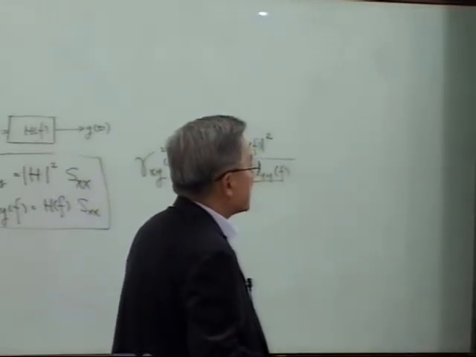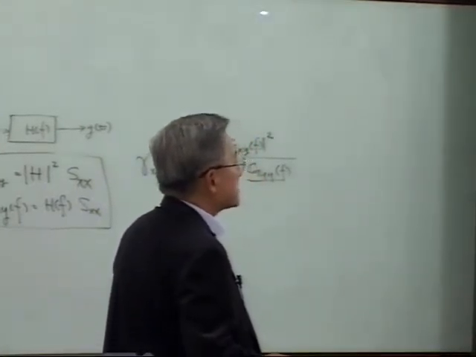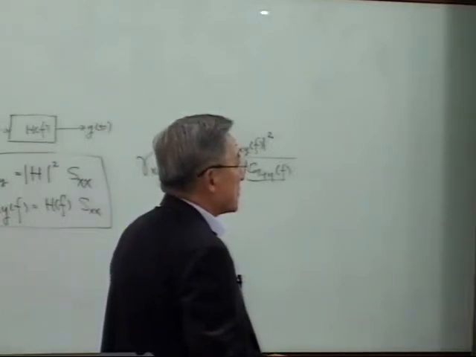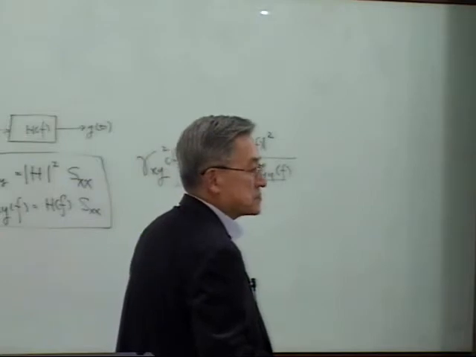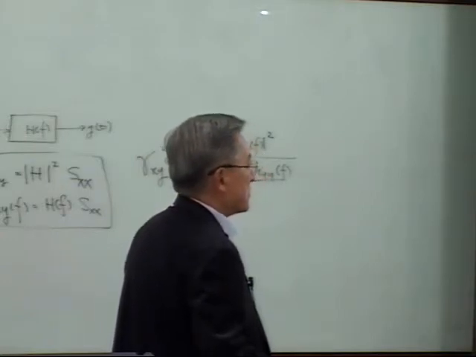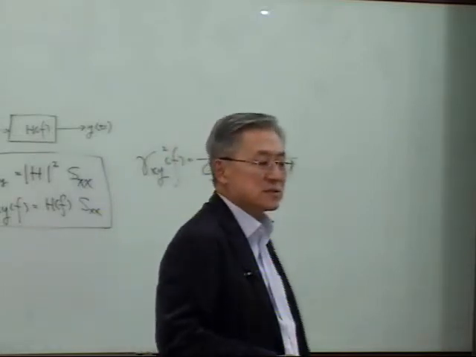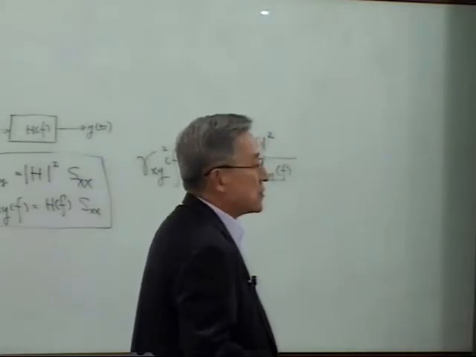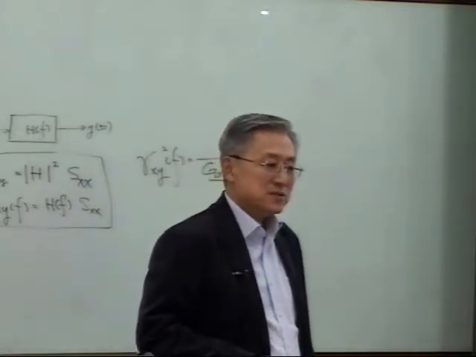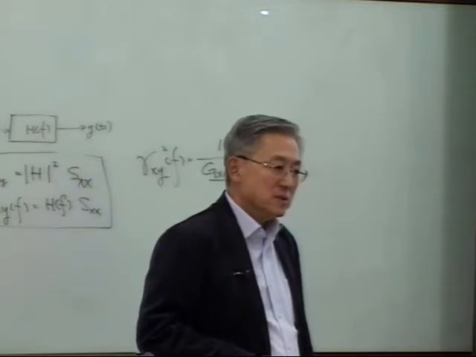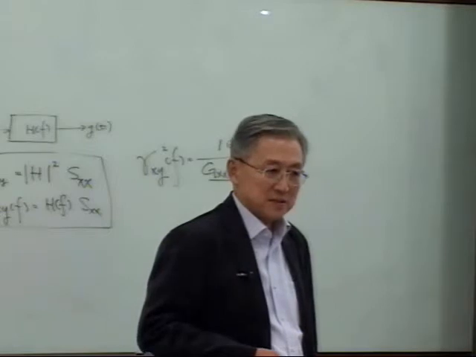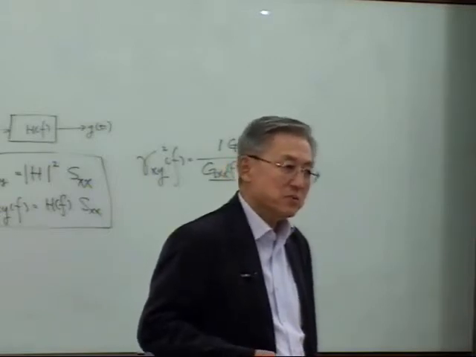So by looking at this, this is what the result is, right? Here, what's the measurable? What is the measurable here? GYY is measurable, right? And the gamma XY square, is it measurable? You can compute it based on the measured data, which means it's measurable.